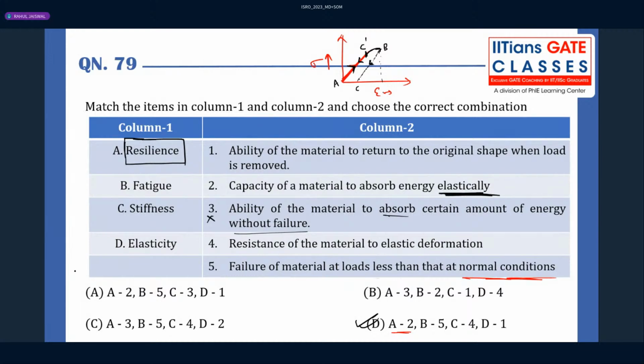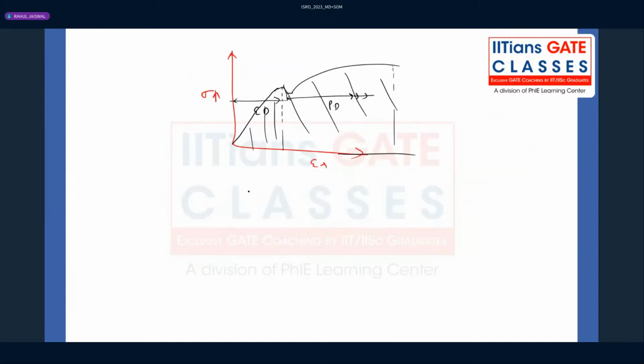Elasticity: when you load the material there will be some deformation, but when you remove the load, it regains its shape and size. That is called a perfect elastic material. But in reality we have elastic as well as plastic deformation.